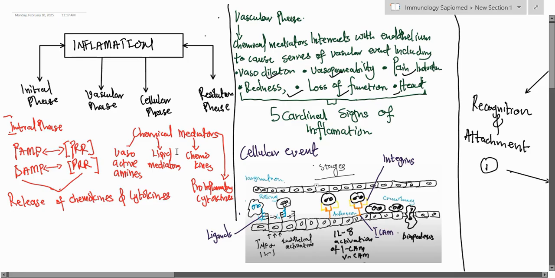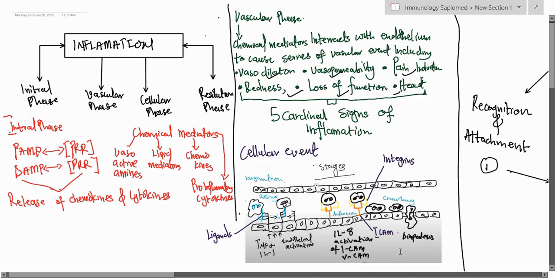So we talked about the 5 cardinal signs of inflammation: vasodilation, vasopermeability, etc. And we talked about the cellular event. That was where we ended. Under the cellular event, we talked about leukocyte extravasation. That is the movement of leukocytes from the vascular compartment into the interstitial space to undergo phagocytosis or to attack pathogens. Today we are going to look at phagocytosis.